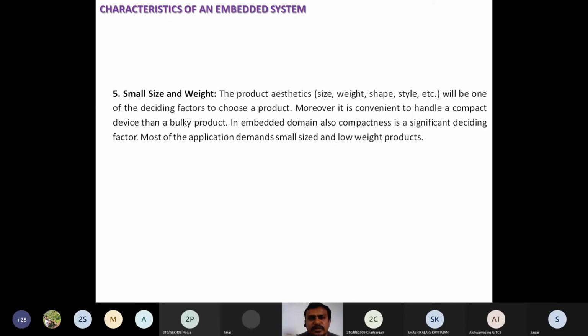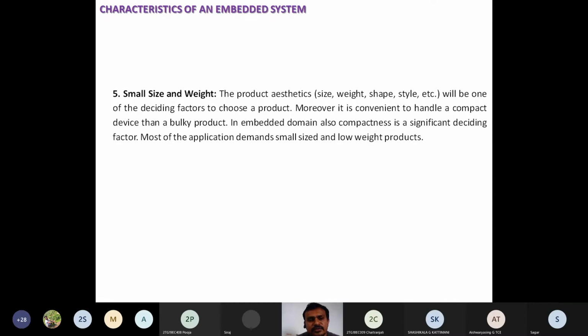Moreover, it is convenient to handle a compact device than a bulky one. So in the embedded domain, compactness is a significant deciding factor.